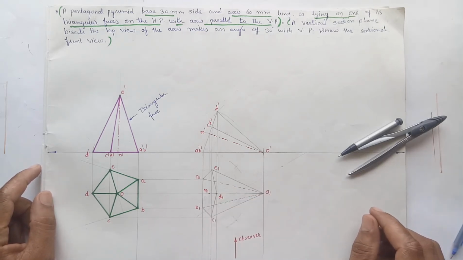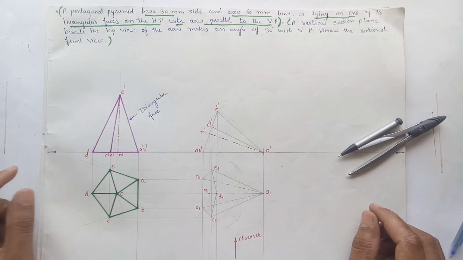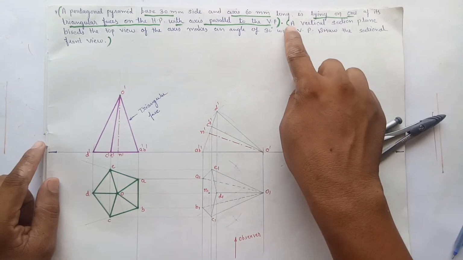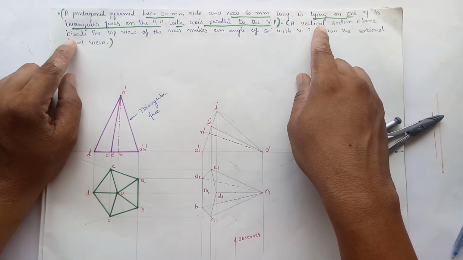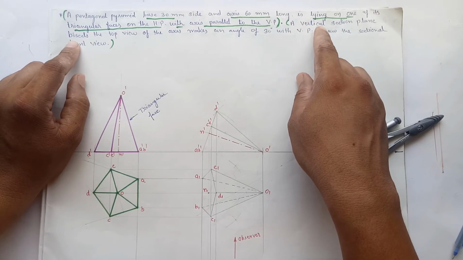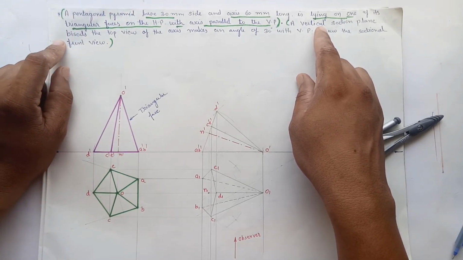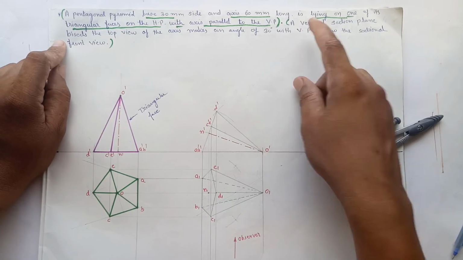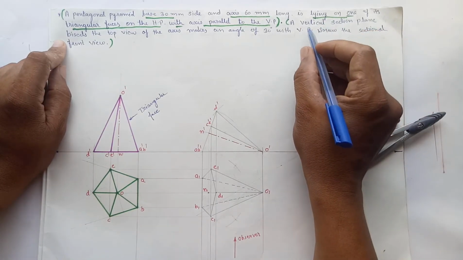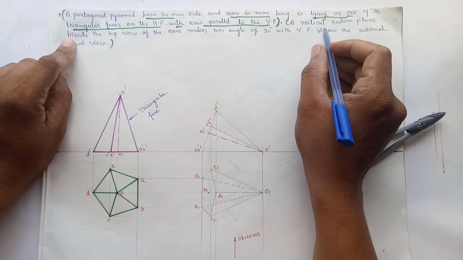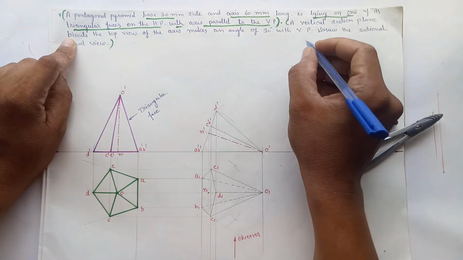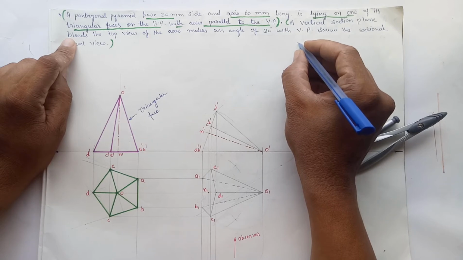Now we have to take the section of the pyramid, and here it is given that it is a vertical section plane. If a plane is a vertical plane, then it is perpendicular to the horizontal plane. That means it is perpendicular to HP and inclined at an angle of 30 degrees to VP.